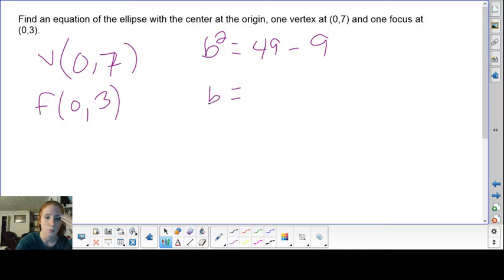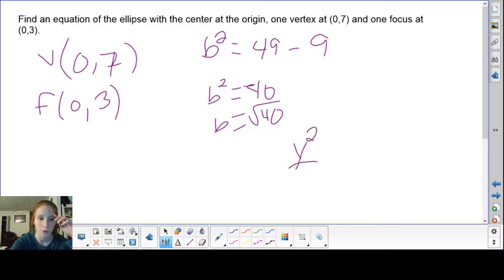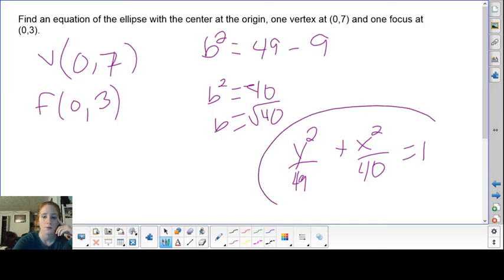So I get B squared is equal to 40. So B is equal to the square root of 40. Again, since we're in the y coordinate, we're going to go y squared over my A squared, which is 49, plus x squared over 40 is equal to 1.